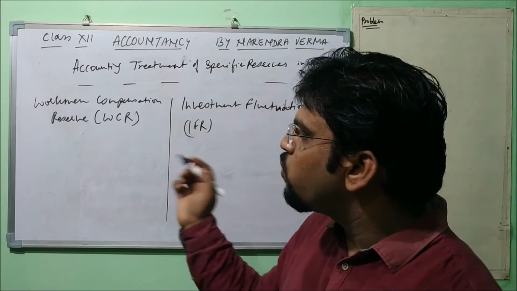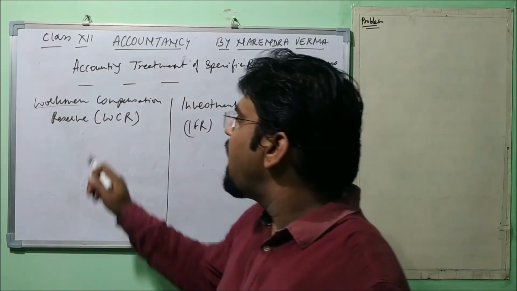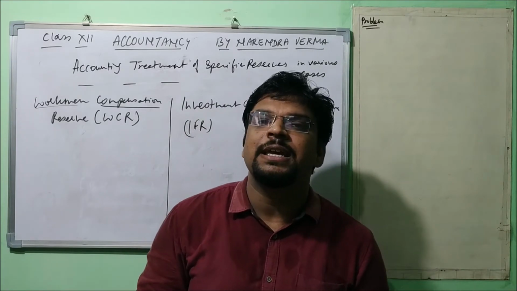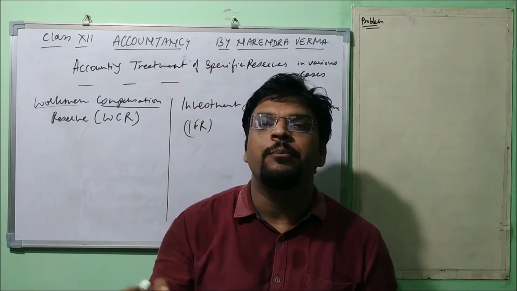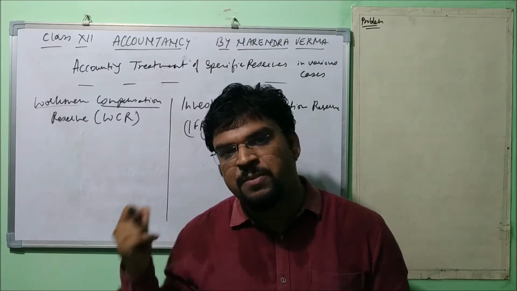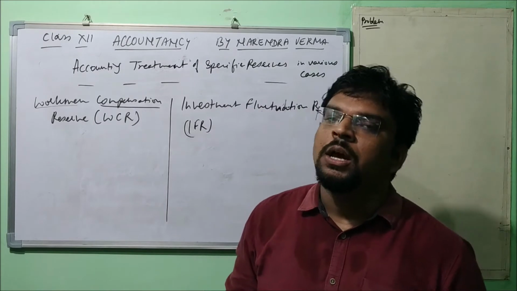As the name makes clear, workmen means employees working in the organization, and compensation means if there is any kind of accident taking place, then in return the company is supposed to pay the amount to the employees. For the same purpose, this Workmen Compensation Reserve is made.